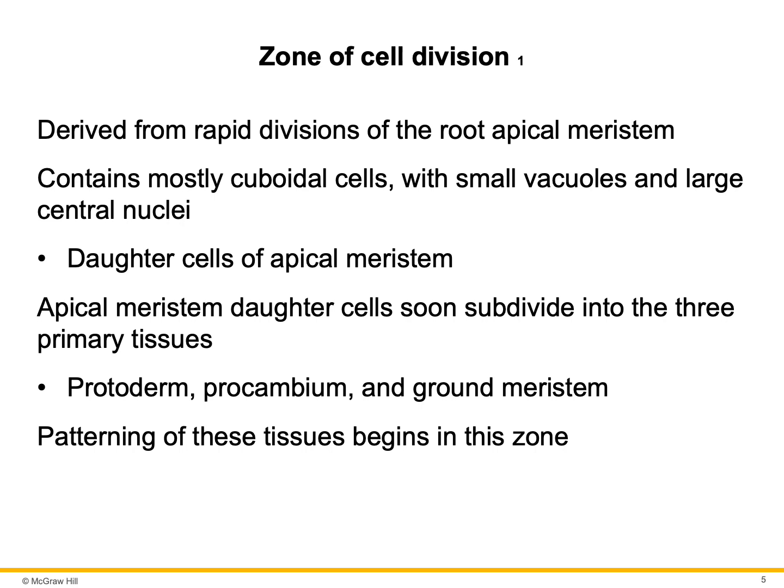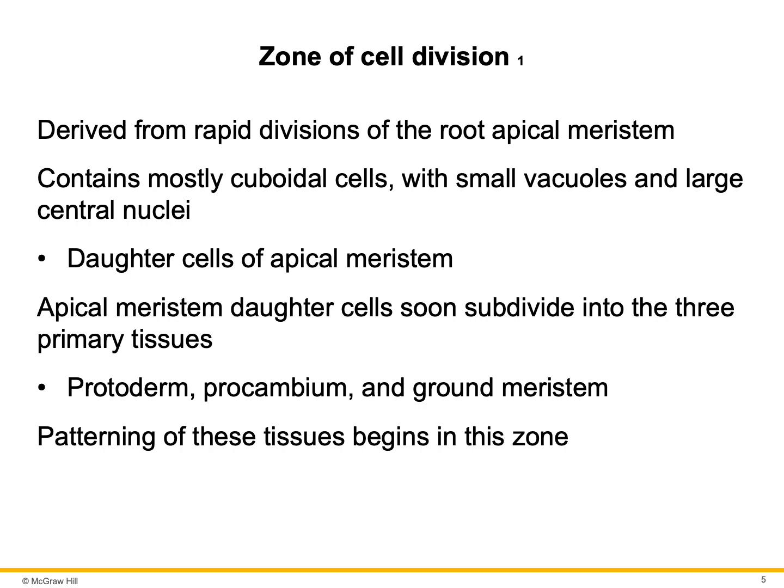So all the daughter cells that are divided from the root apical meristem will be subdivided into three primary tissues in the cell division zone called protoderm, procambium, and ground meristem.